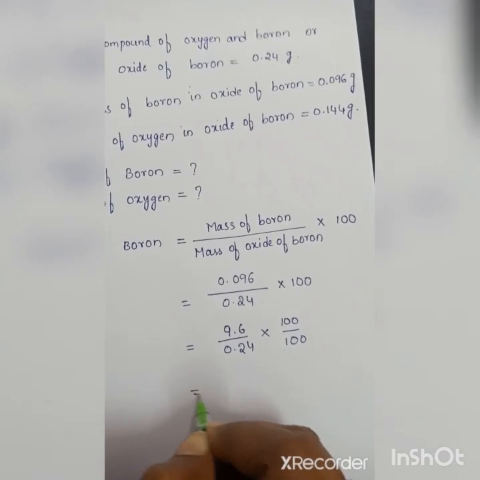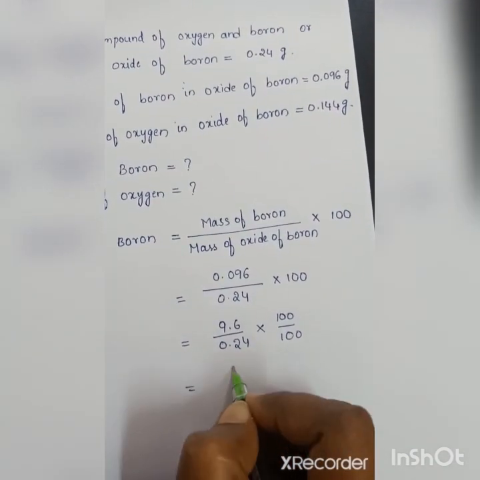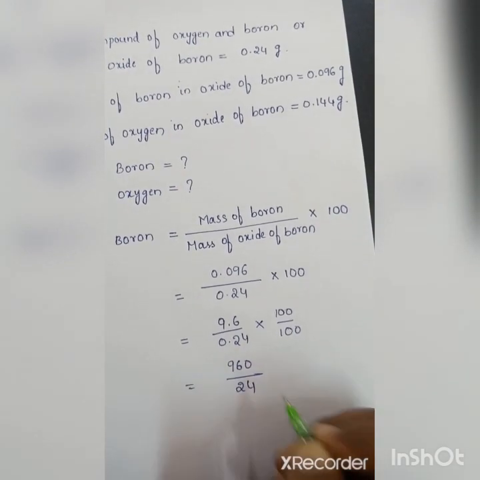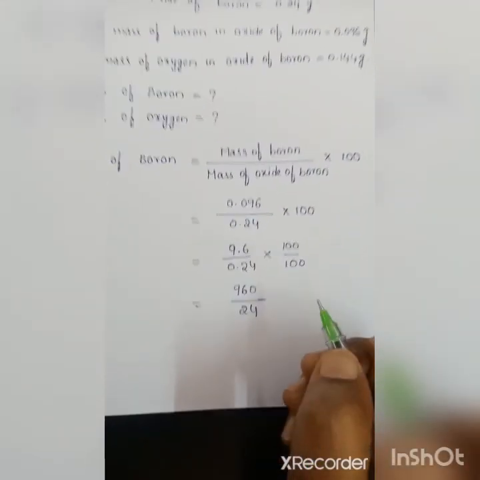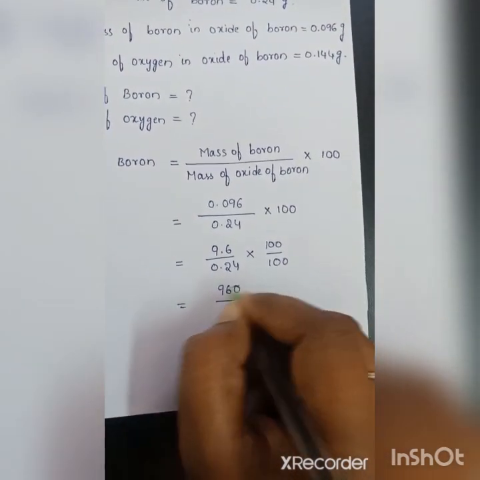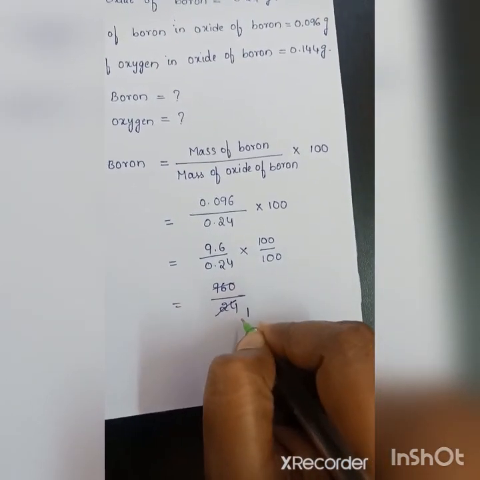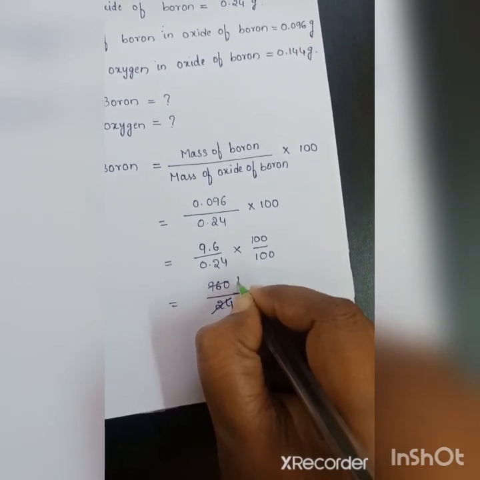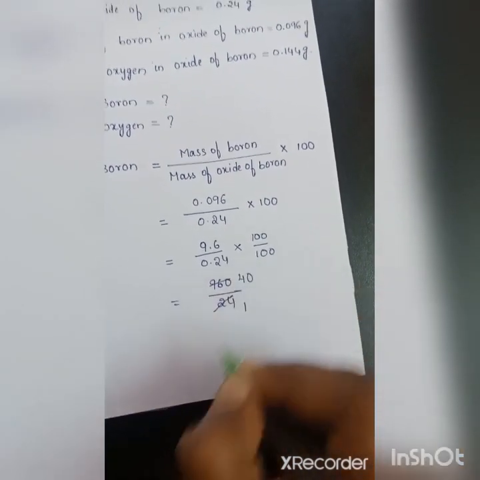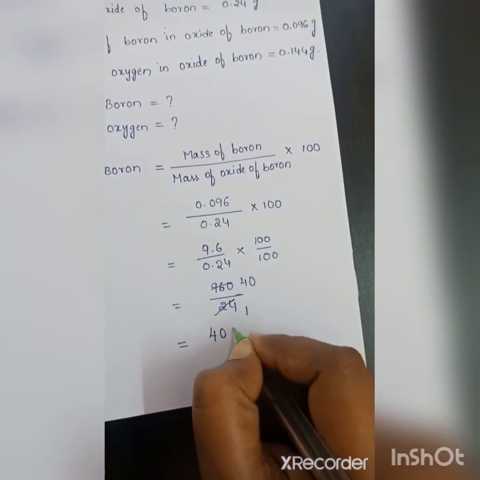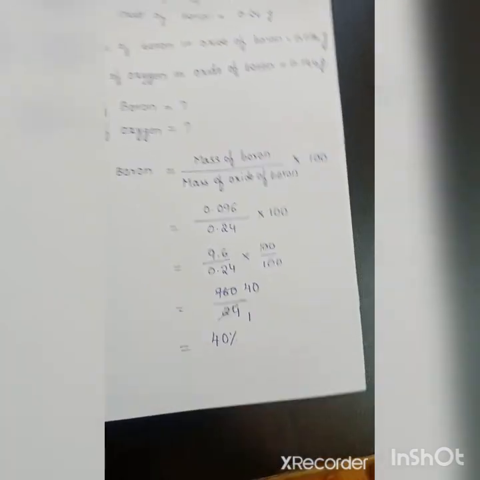Then move the point 2 digits. This is 960 by 24. Divide 960 with 24. Then you will get 21 ones are 21. 24 ones are 24. 24 4s are 96 and 0. So what is the percentage of boron in this? This is 40%.